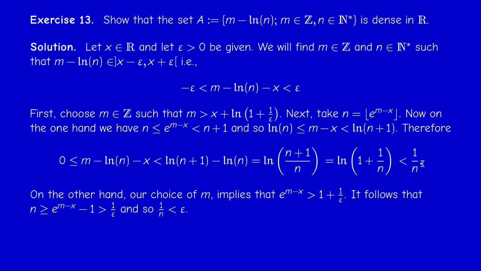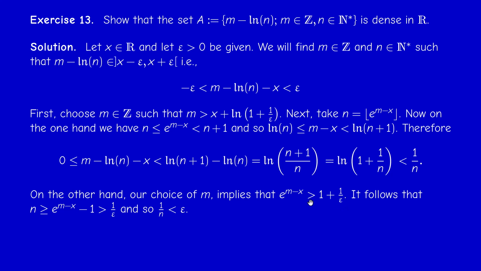And now we are almost done, because if I go back to my choice of m here, we get m minus x bigger than the logarithm of 1 plus 1 over epsilon. So when I take the exponential, because the exponential is strictly increasing, I get e to the m minus x is bigger than 1 plus 1 over epsilon.